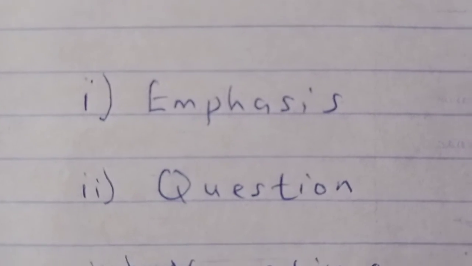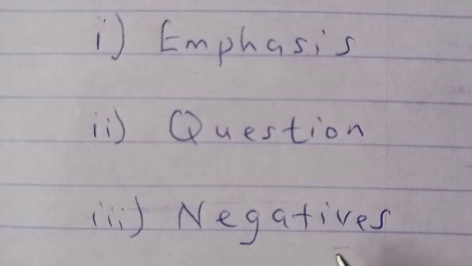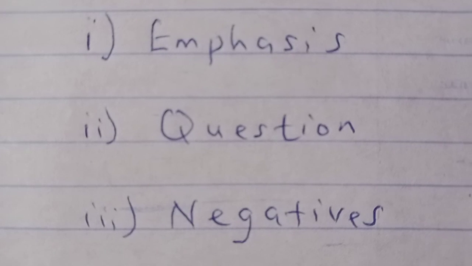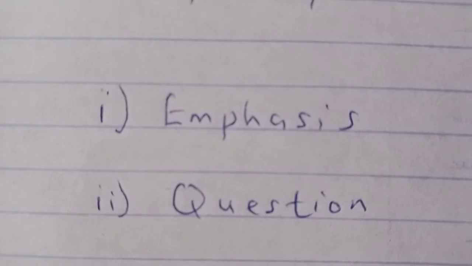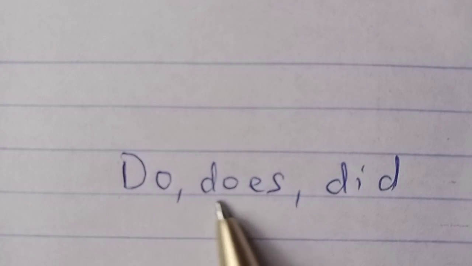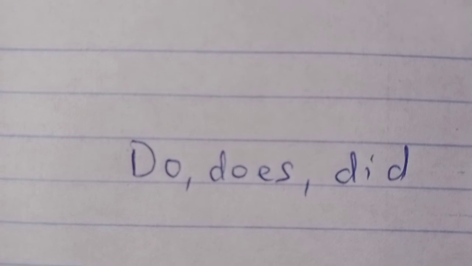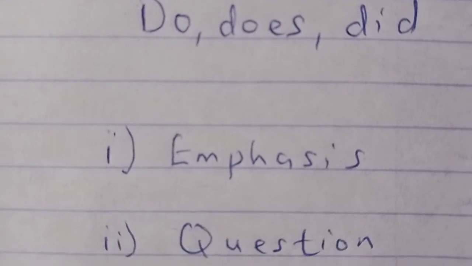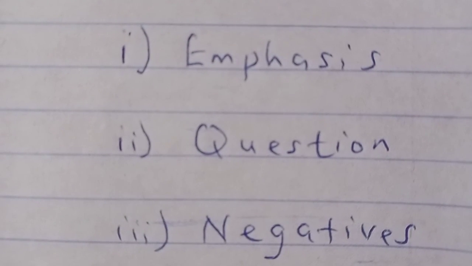Or it can be used to make a negative expression. You do not eat rice. So these are the situations that we require the auxiliary verb do, any form of it, to make an expression in the English language.